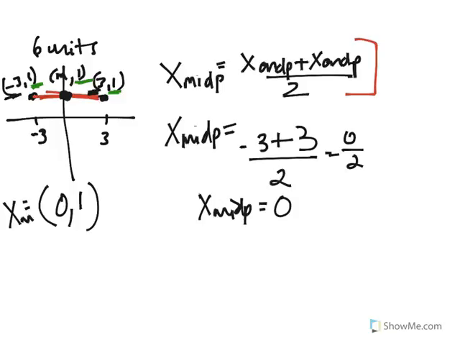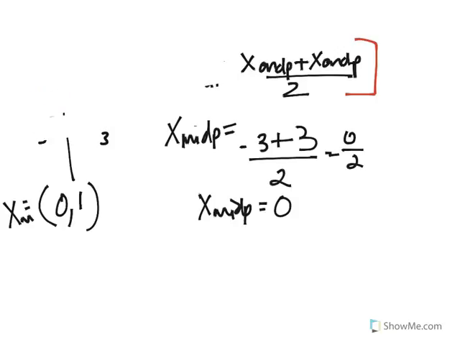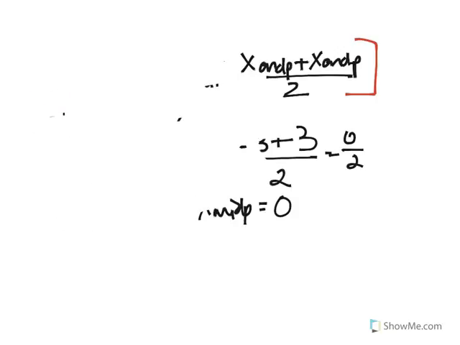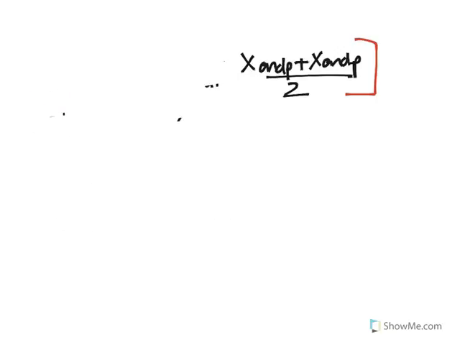All right? So let's do the same thing, but with a vertical line. So let's say we have the following vertical line. In order for a line to be vertical, the x values have to be the same.